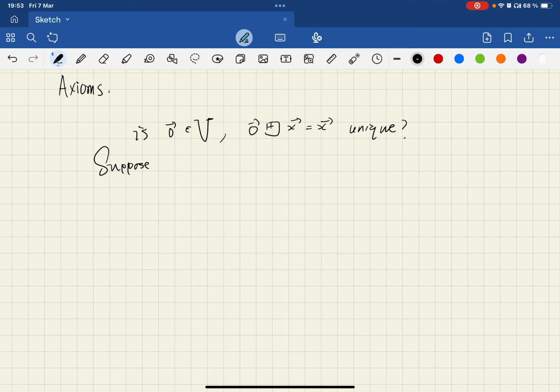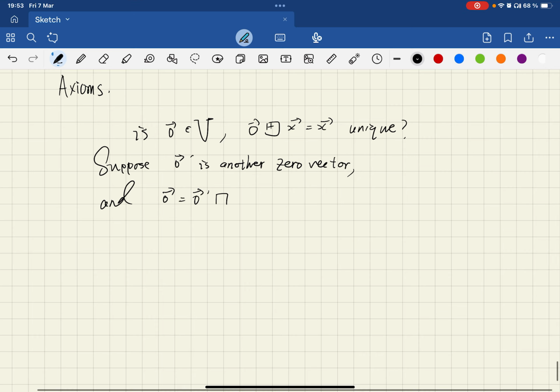Suppose, and so this means that we add this vector to this vector, and this does not change the value, right?